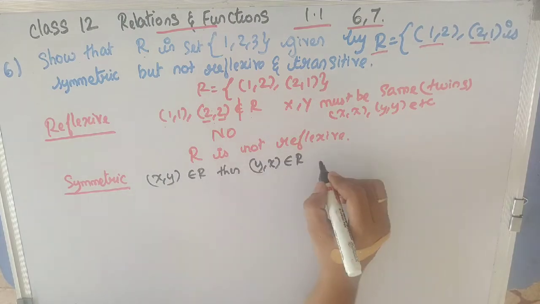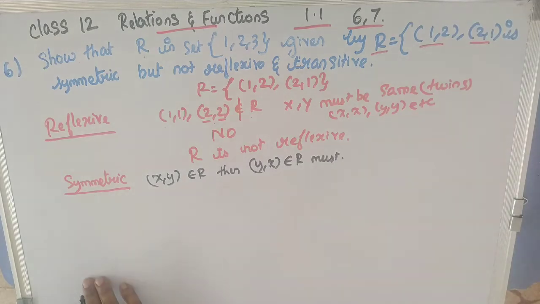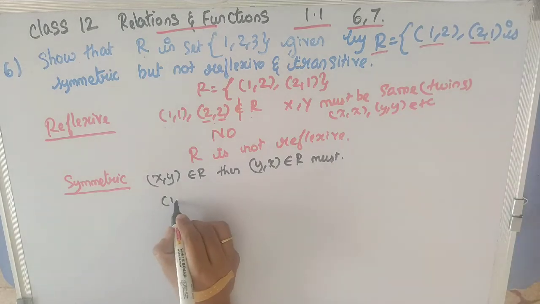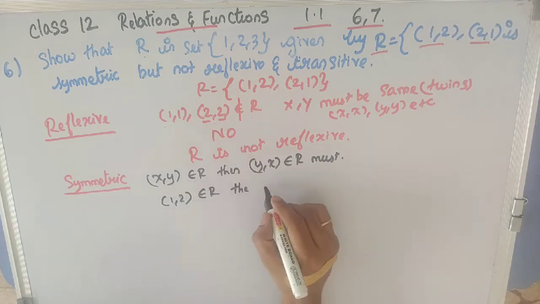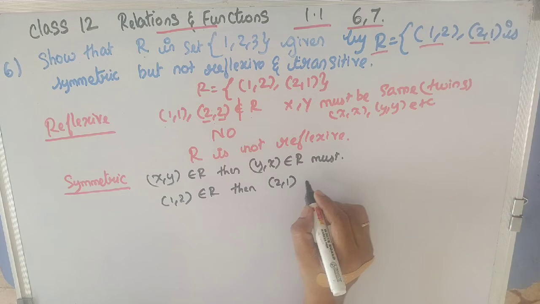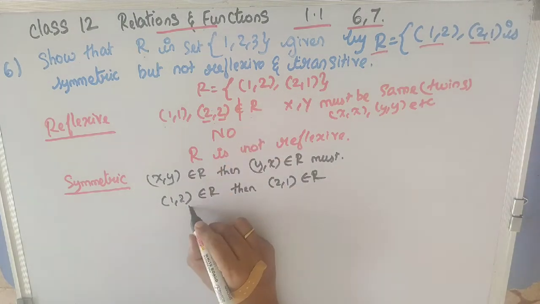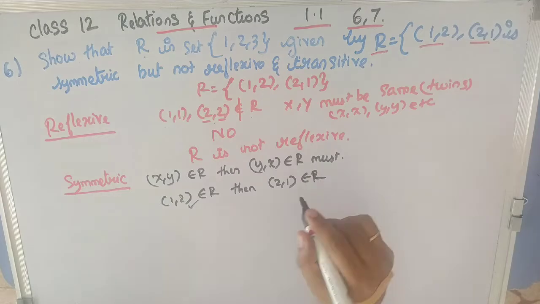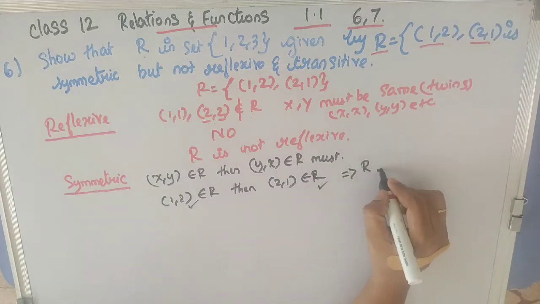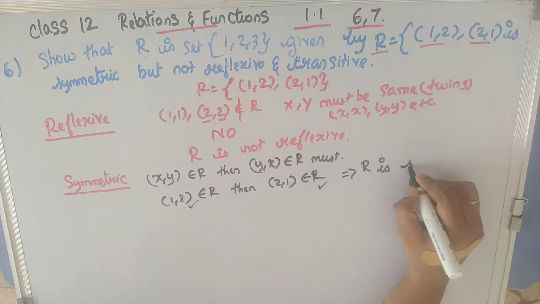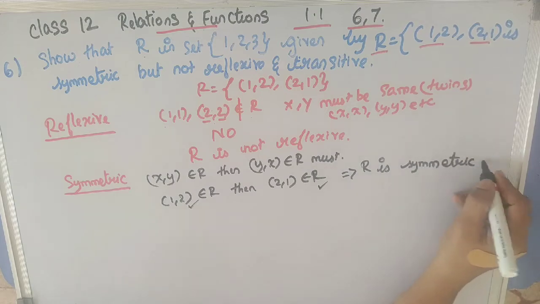Here, (1, 2) is an element of R. Yes, it is inside R. And is (2, 1) an element of R? Yes, (2, 1) is also an element of R. Therefore, the relation R is symmetric. Clear? Do you understand?